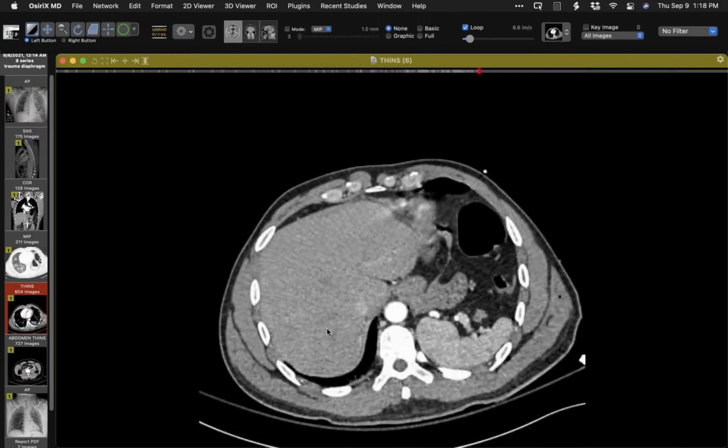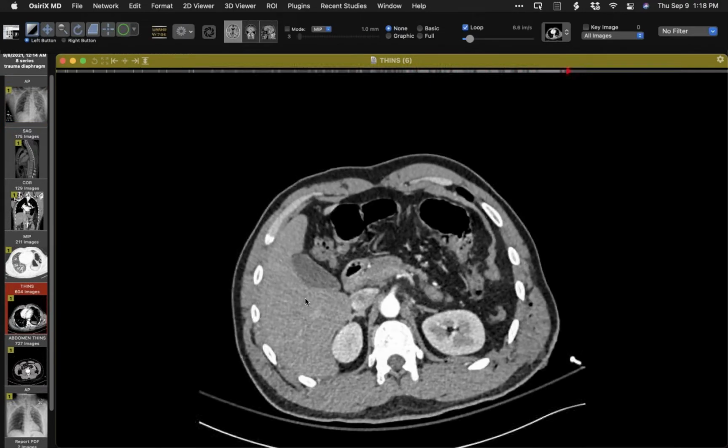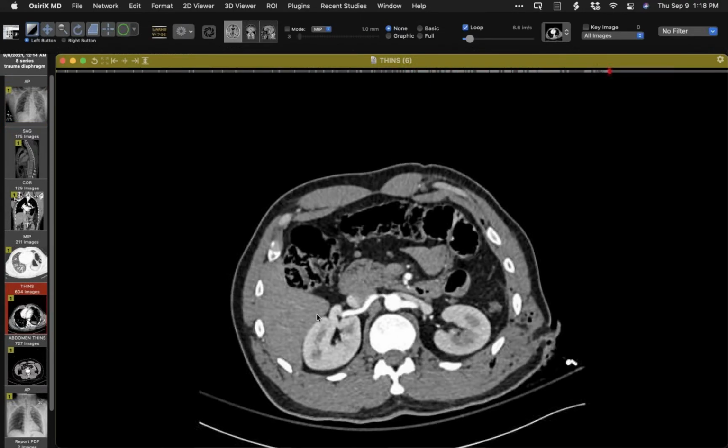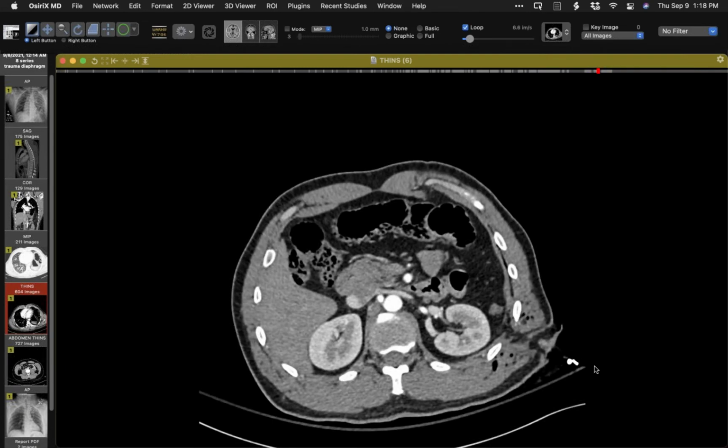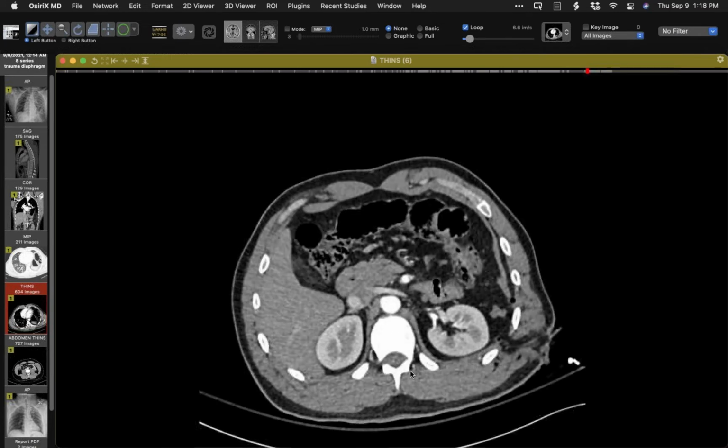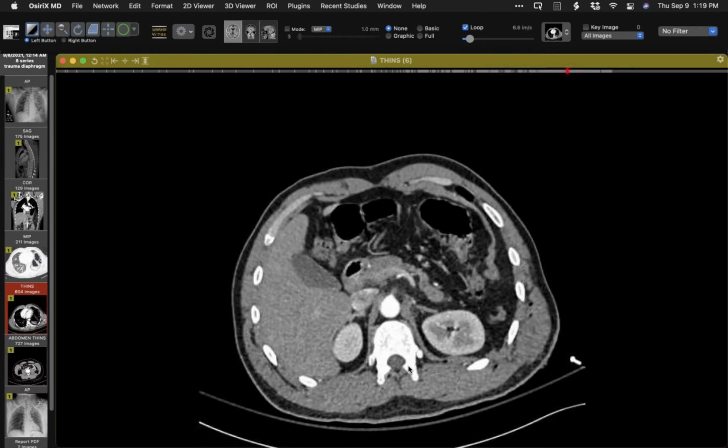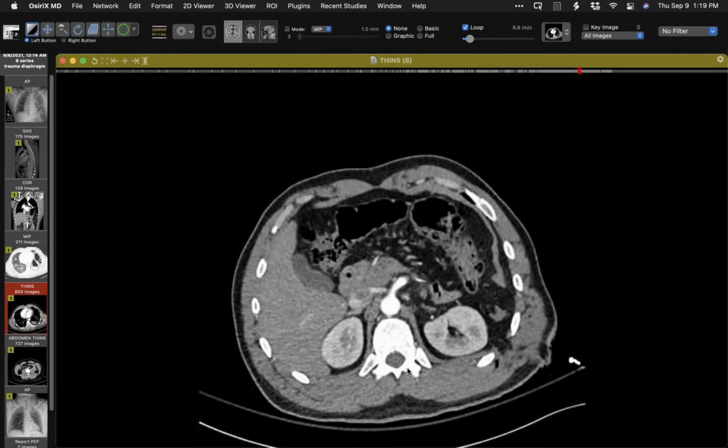I'll go all the way down to give you a feel for where the knife tract is, which is down here. So this is where the knife will pass through, going superiorly through the muscles, and then you'll begin to recognize as I scroll over here.